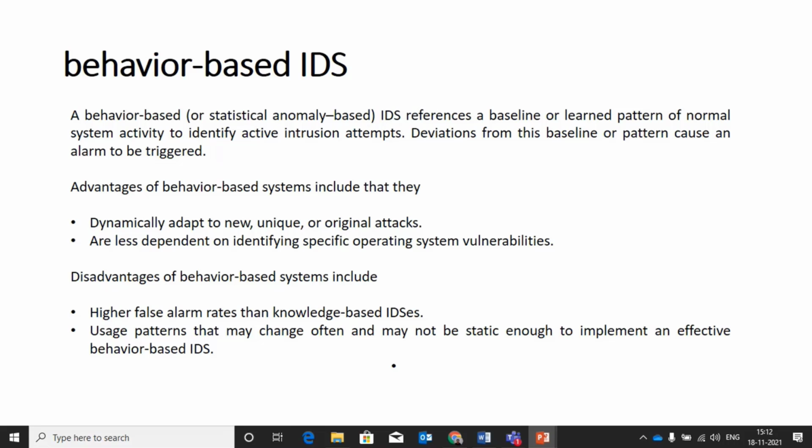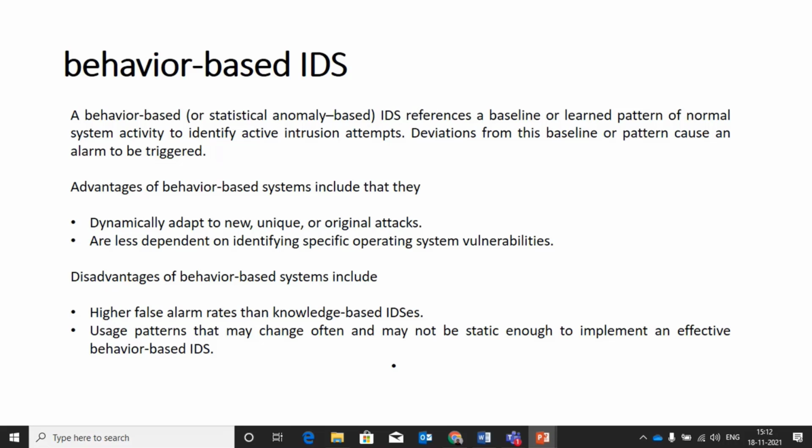Another category is the behavior-based IDS, which is anomaly detection through statistics. That is the older, old-school technique, and it uses a baseline from the starting or learning process. It will identify through known patterns.